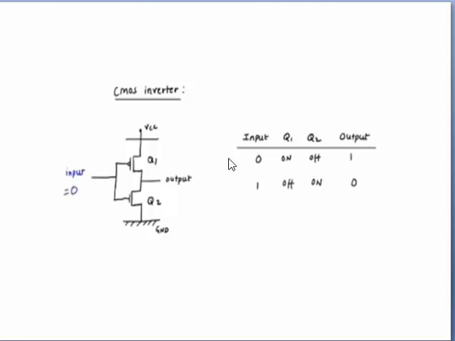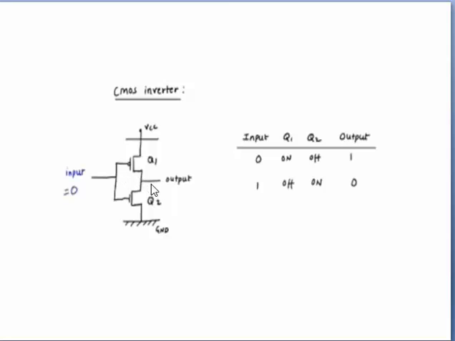Similarly, if we apply 1 at the input side, then for NMOS the input is 1, that means NMOS behaves as a closed switch, and if we are providing 1 for PMOS, then it is off and behaves like an open switch.